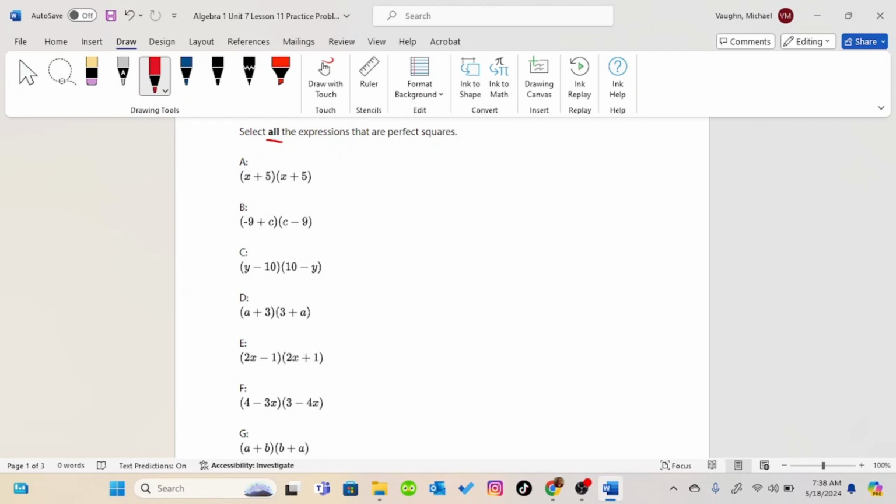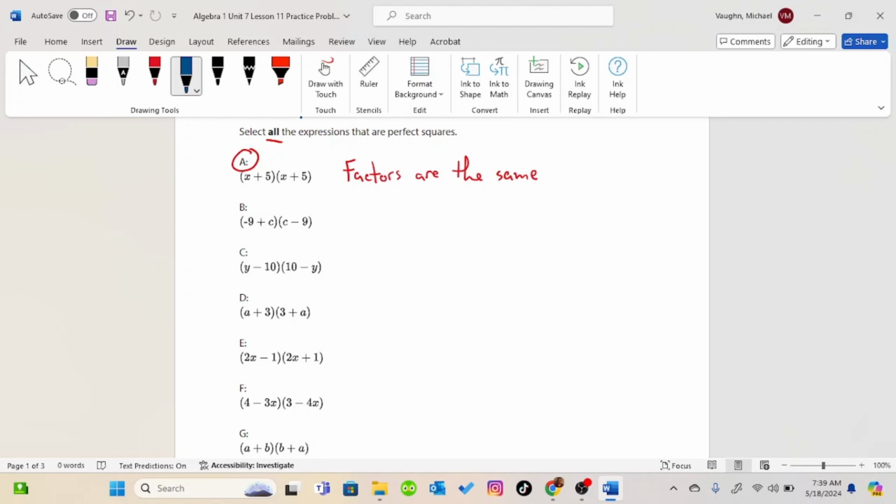So if we look at A, we have x plus 5 times x plus 5. The factors are the same, so this is a correct answer. Choice B, we have negative 9 plus c times c minus 9.